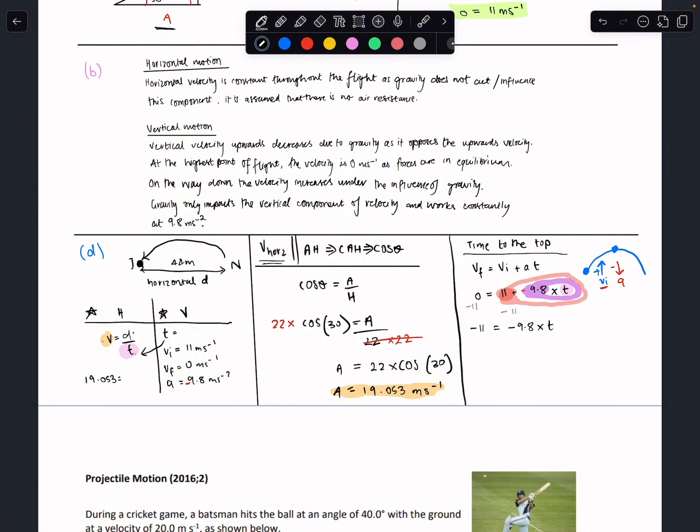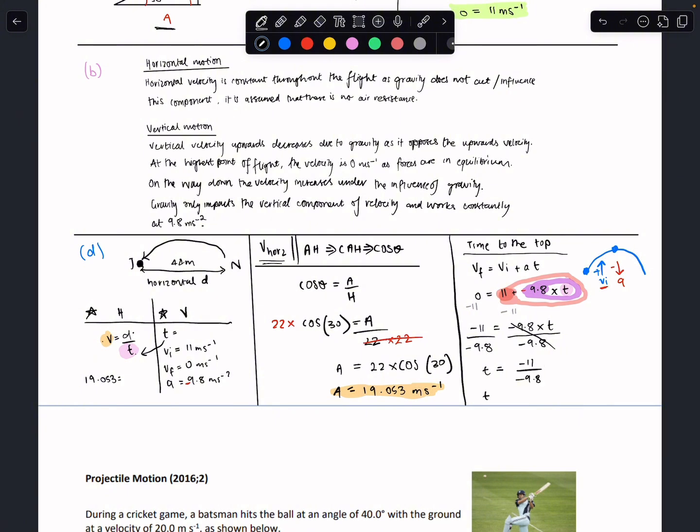To get rid of the next layer of the onion, currently we see that negative 9.8 is being multiplied by time. So to get rid of this multiply, we need to divide this whole side by negative 9.8. That means we have to divide this side by negative 9.8. So what we're left with is t equals negative 11 divided by negative 9.8.